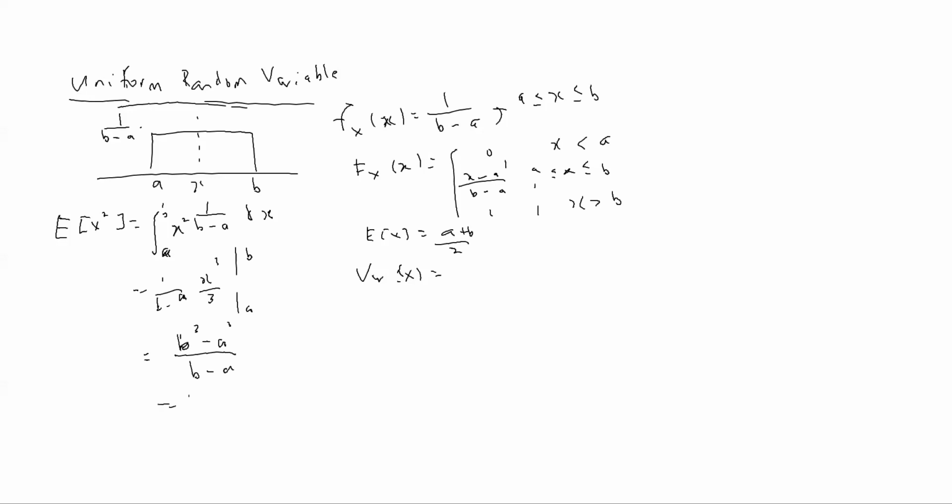If you do long division, this becomes B squared plus AB plus A squared. You know how to do long division. Do you remember how to do it? What I'm saying is that you just need to do B cubed minus A cubed divided by B minus A. If I put B squared here, I get B cubed minus A cubed minus AB squared.